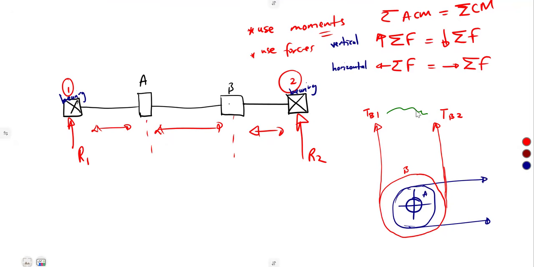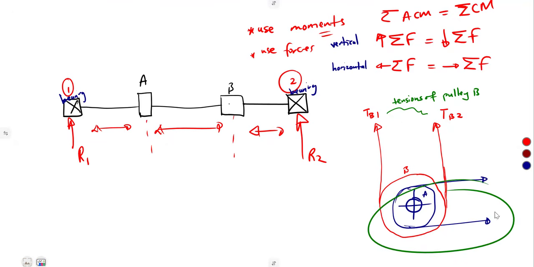These are the tensions of pulley B: tight, slack. A will also have the same, just like B: its tensions, the tight and the slack.